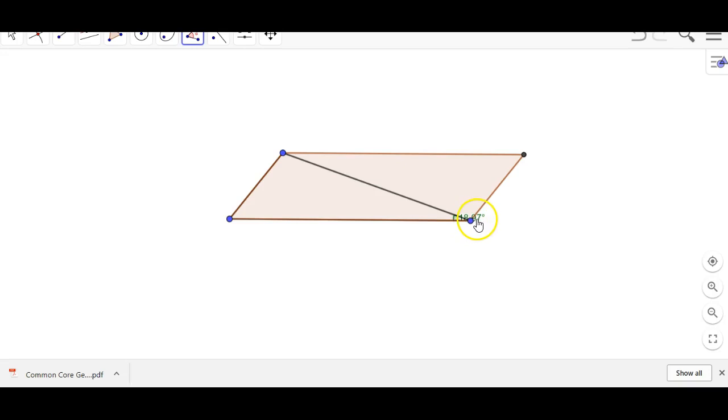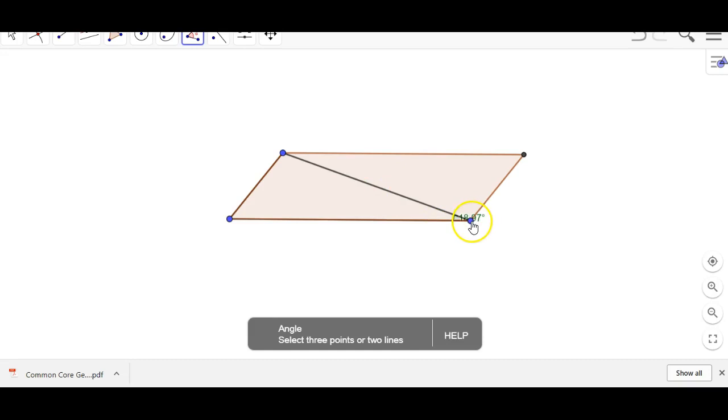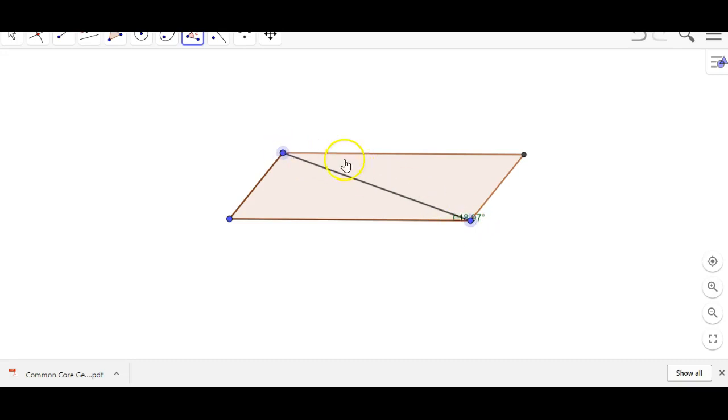Okay, and then I'm going to also measure this angle here. Angle measurement tool. Again, and we'll go here, there, and there.